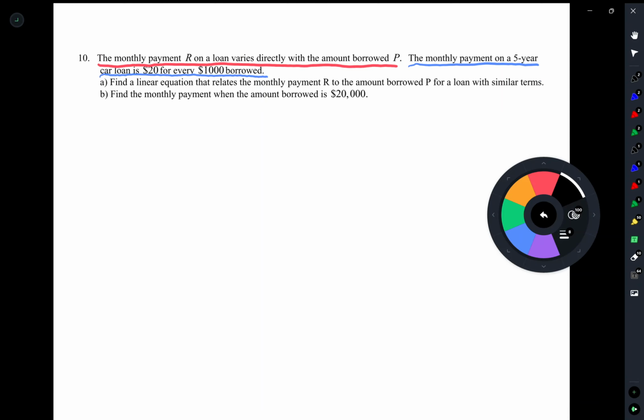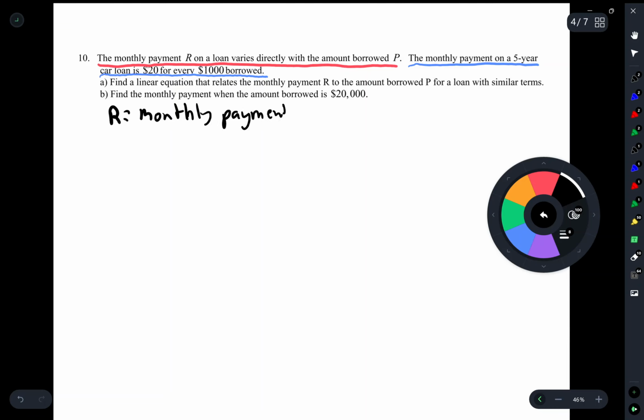First thing I'm going to do is just write down my variables. R stands for the monthly payment, so whenever I see the words monthly payment in this problem, I can replace it with R. And then the amount borrowed is P. That's what that first sentence is telling us.